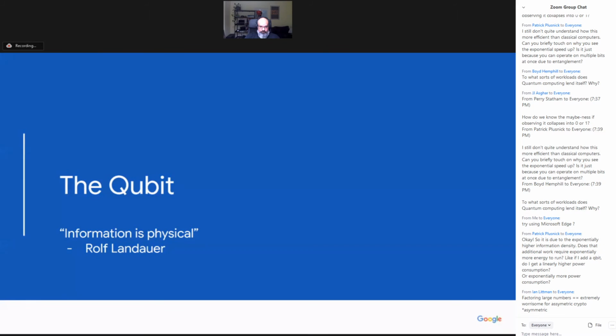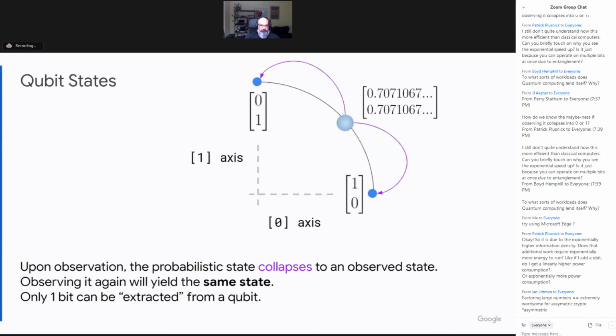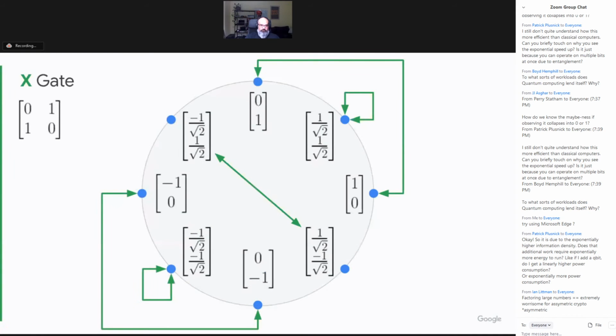When you erase a bit, when you erase information, that creates heat. Heat is hungry for energy. So the erasing is what causes energy to be consumed. It creates heat. None of our gates erase.